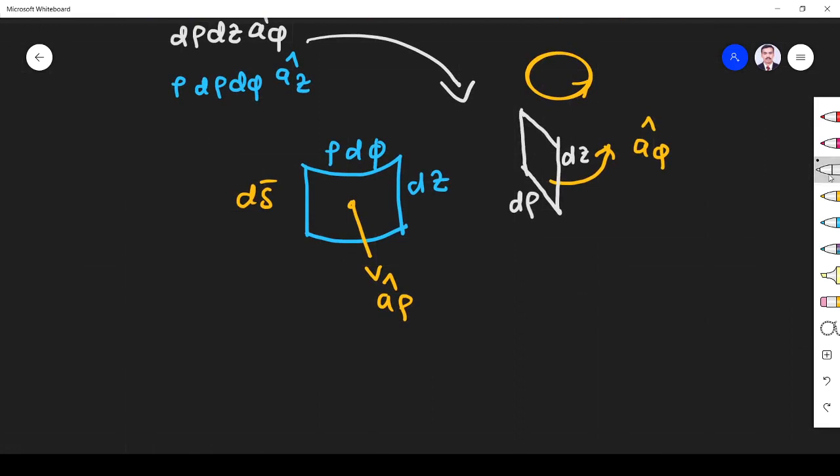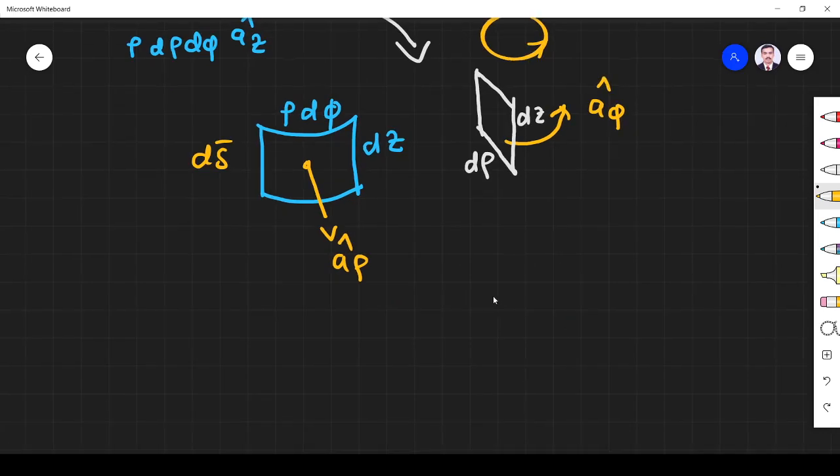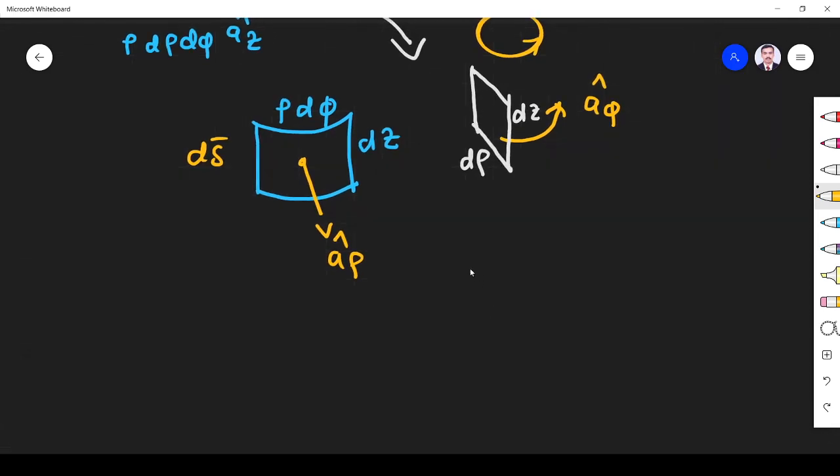Similarly, az will be in the perpendicular direction, going towards z. Let me draw properly. So this is the az direction. It is rho d phi. d rho will be like this.